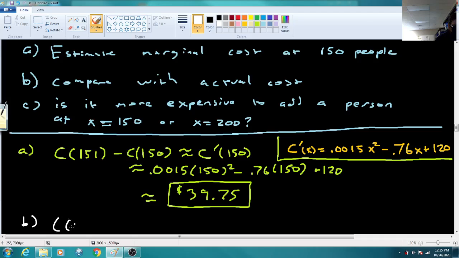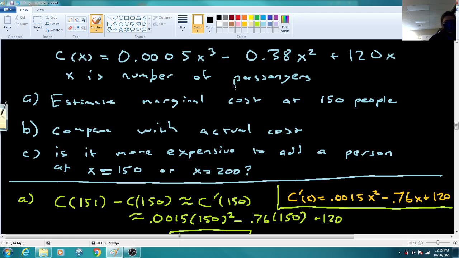So the actual cost, C of 151 minus C of 150, will equal, let me scroll up here so I can see the equation. Basically these x's, I'm going to replace them with 151s, and then replace them with 150s. So it's 0.0005 times 151 to the third minus 0.38 times 151 squared plus 120 times 151.